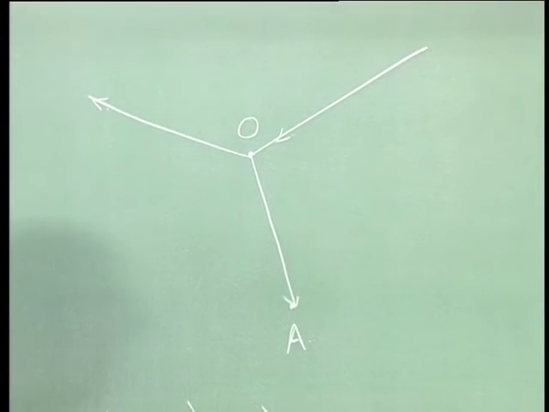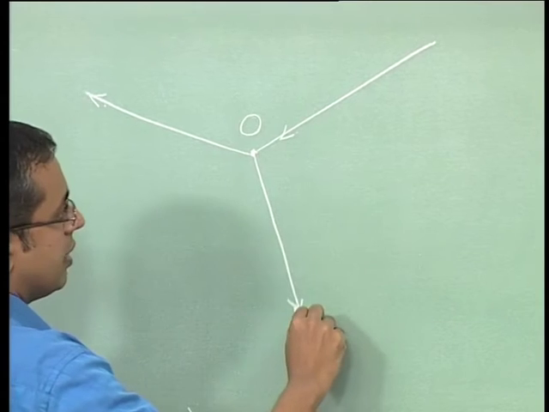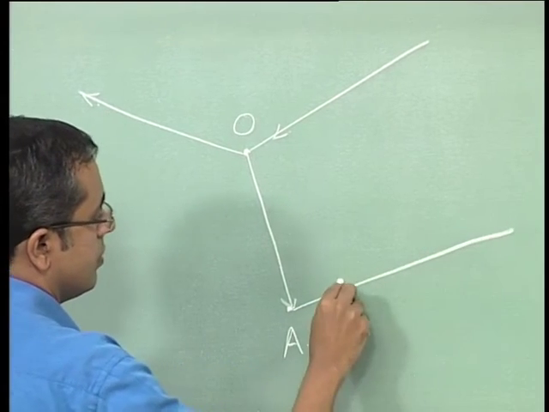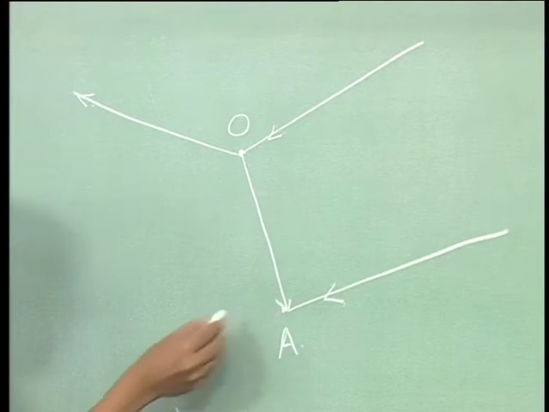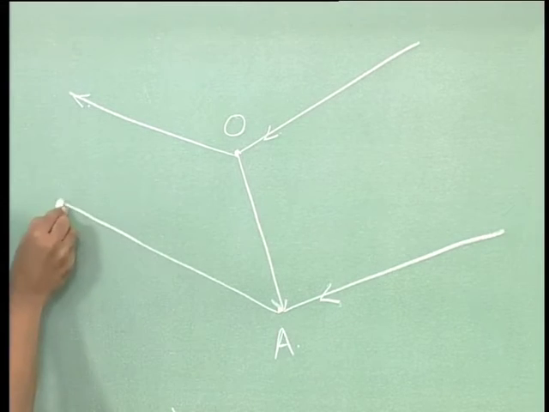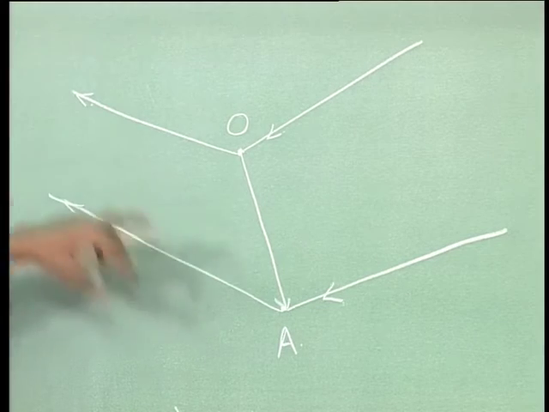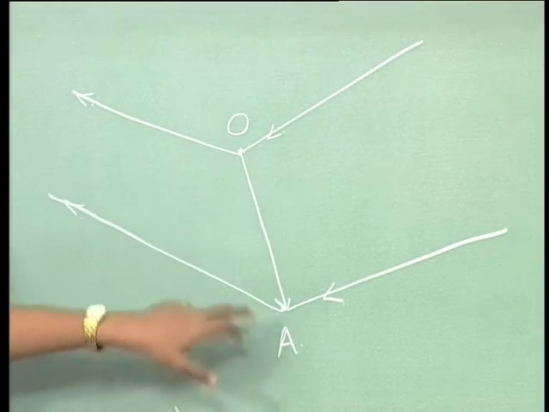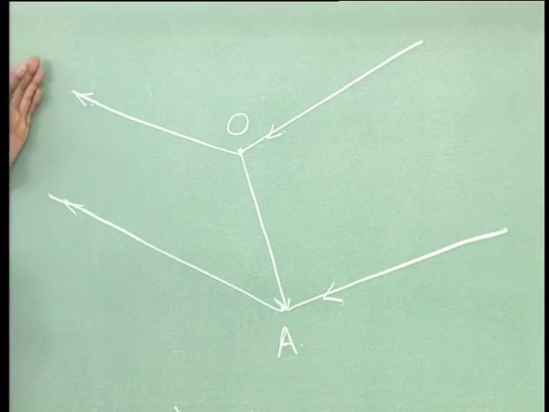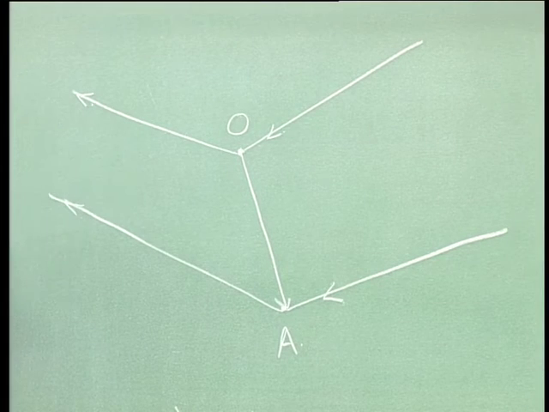Parallel to this we have another beam striking this atom and it goes off in this direction. We are going to examine this interaction of the same beam with this other point when it comes off in this direction. So this is what we are planning to do.